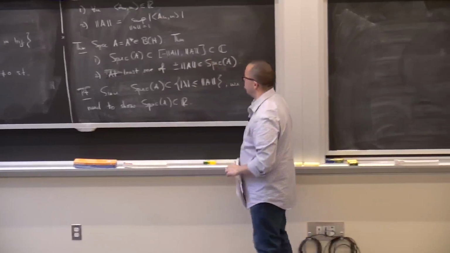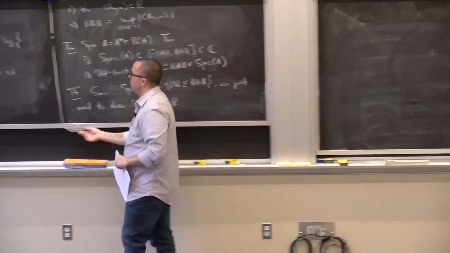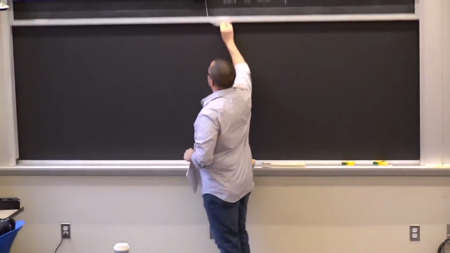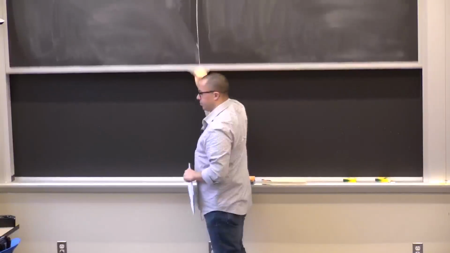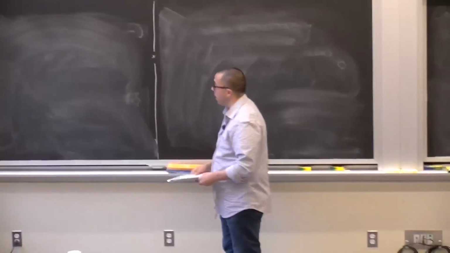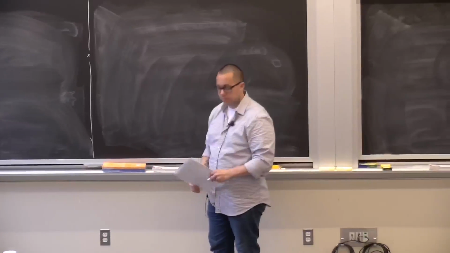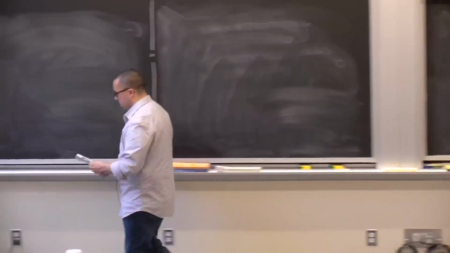Okay, then it must be contained in this interval. Okay, so we'll show that anything off the real number line lies in the resolvent set. Okay, that's how we'll go about this.